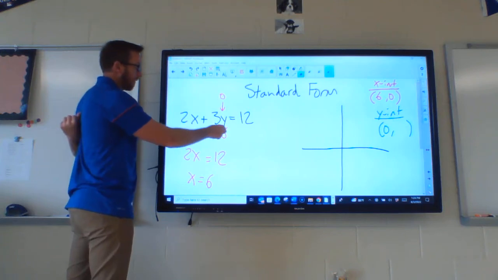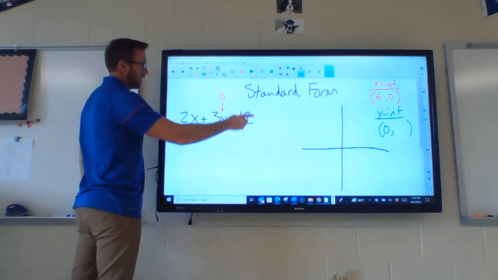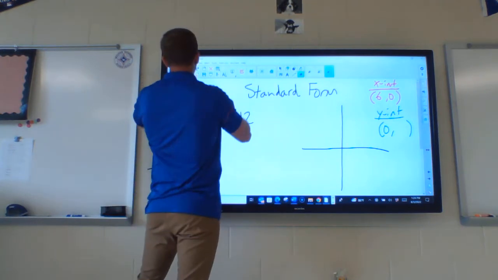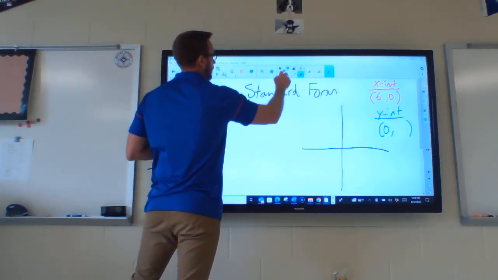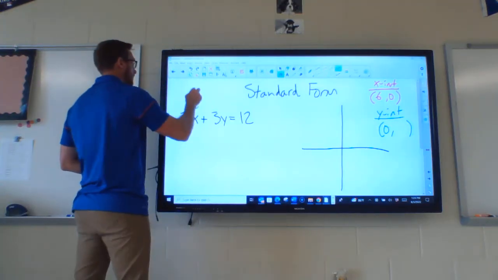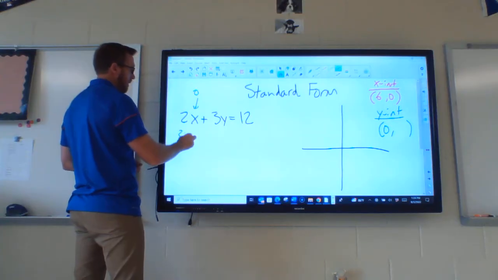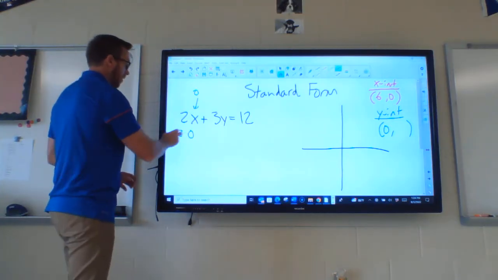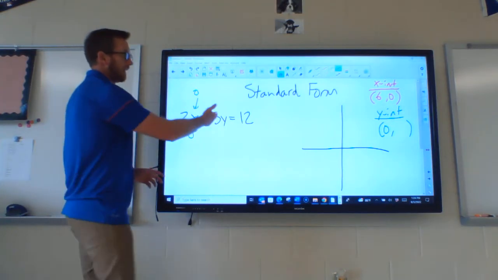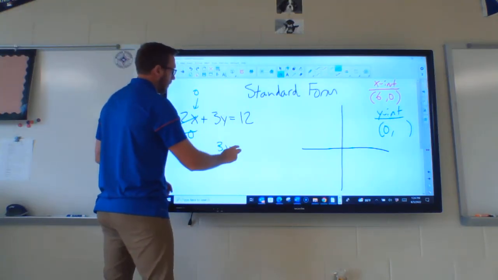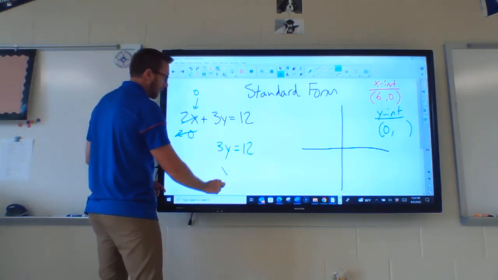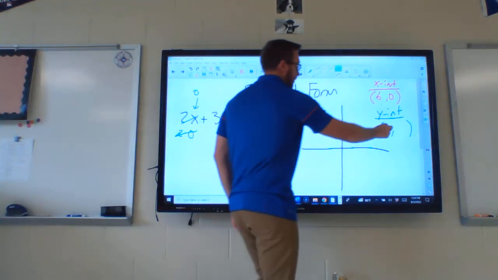Instead of 0 going in for y, now we would have 0 going in for x. So we'd have 2 times 0, which crosses off, if you recall. And so we would be solving the statement 3y equals 12 to find our y value is 4.